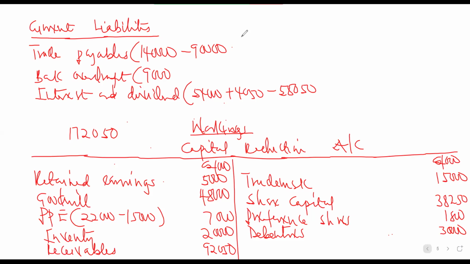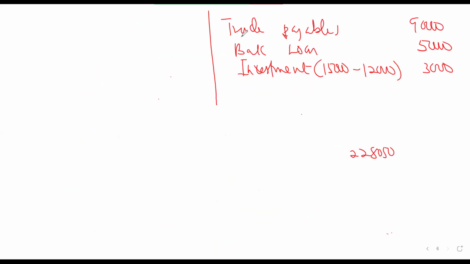What is the difference? Where are we getting the difference? There is a difference of 56,000 on the debit side. Okay. So if the income is more than the expense, what is happening? That will be an income, isn't it? Okay. So the income is higher than this.